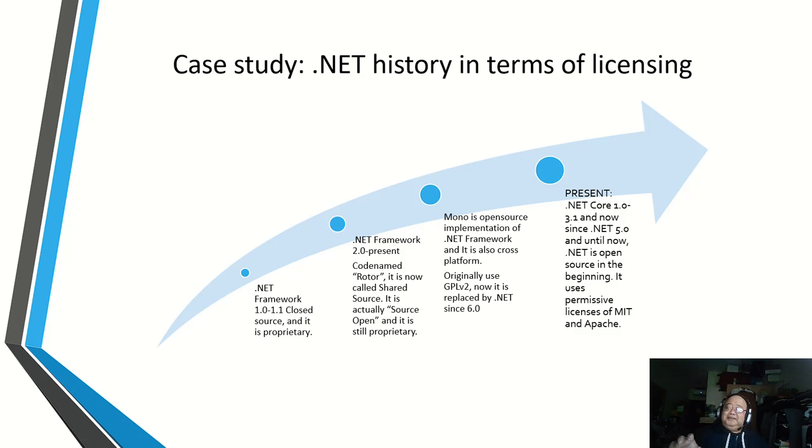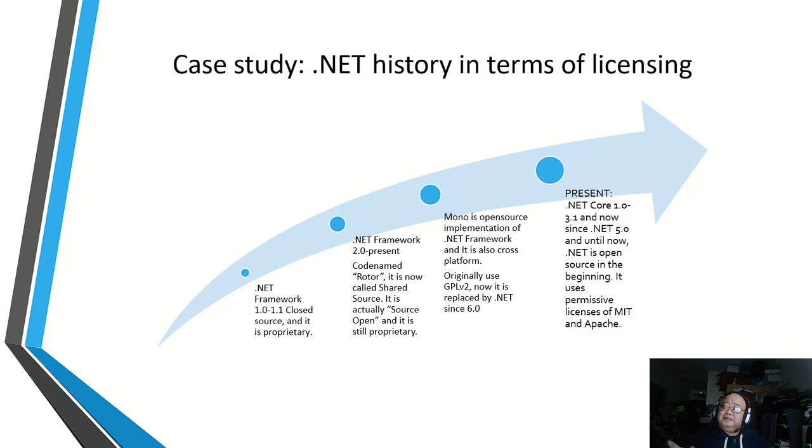And it uses permissive licenses, either MIT or Apache. There are some components that use MIT, some that use Apache. Most of the time, they use MIT. If you look at the .NET Runtime, .NET SDK, .NET Core CLR, and Entity Framework, they are using MIT.